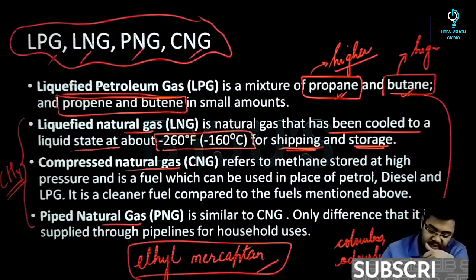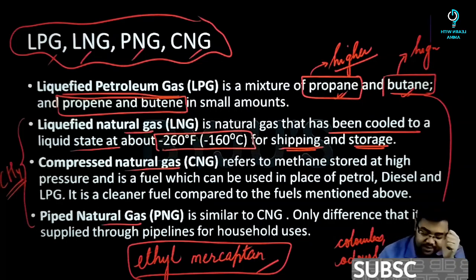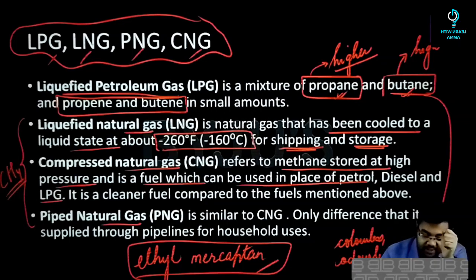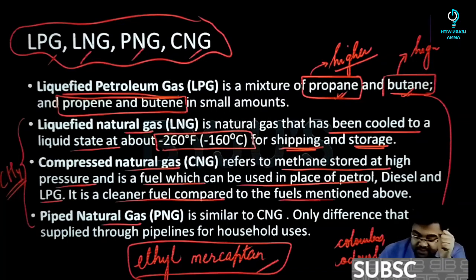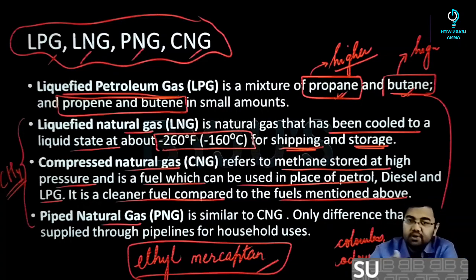Then apart from that, you have something called compressed natural gas. Compressed natural gas refers to methane that is stored at high pressure and is a fuel which can be used in place of petrol, diesel and LPG, a cleaner fuel as compared to the fuels mentioned above. As you compare to petrol or diesel, obviously CNG is a much cleaner fuel.